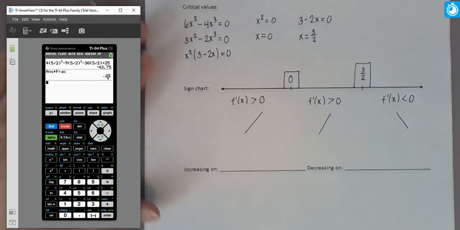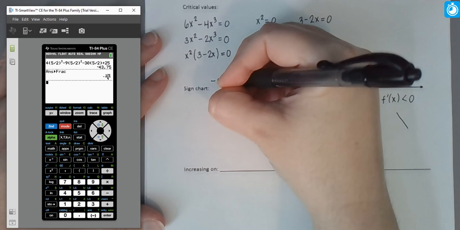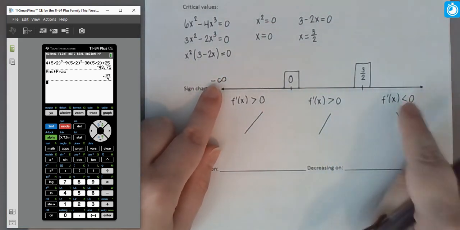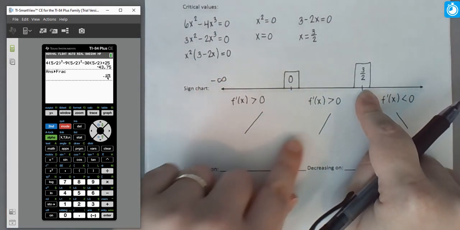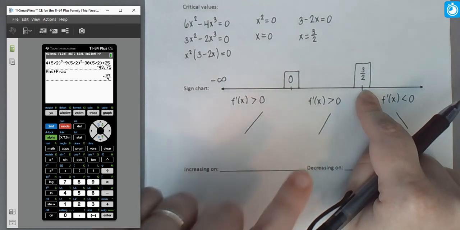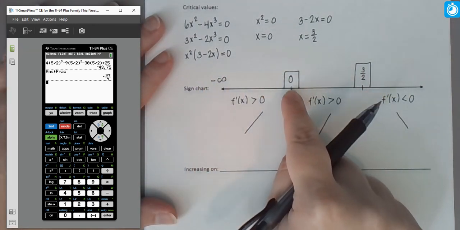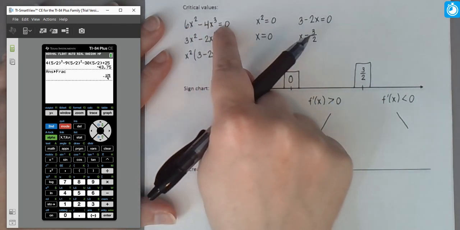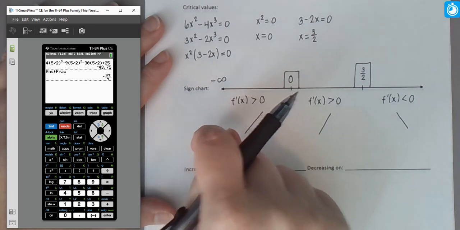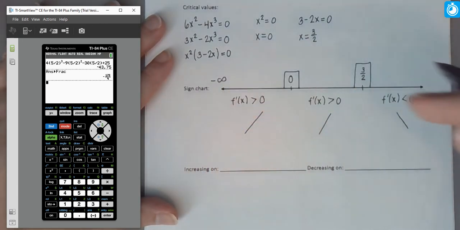Okay. Now, it may be tempting to say that we are increasing all the way from -infinity to 3/2 because we're increasing over both of those intervals. That's not quite correct, though. We're increasing from -infinity to 0, but remember at 0, that's where we had a derivative of 0. That's where we had a horizontal tangent line.